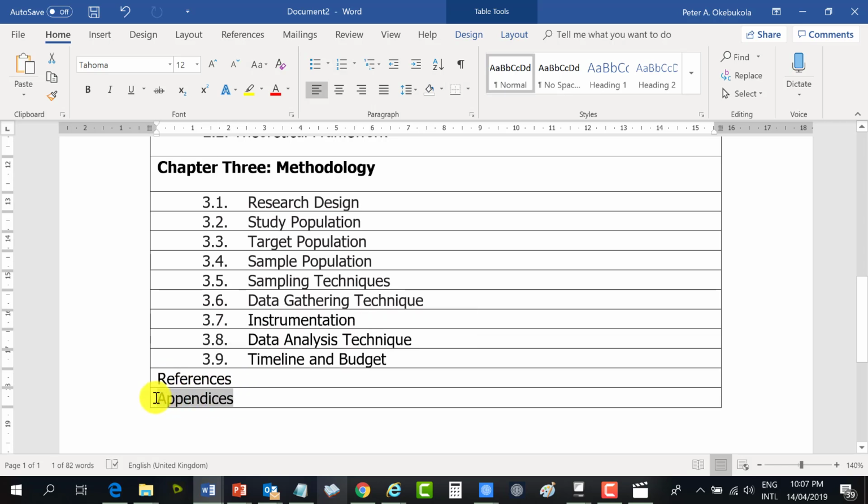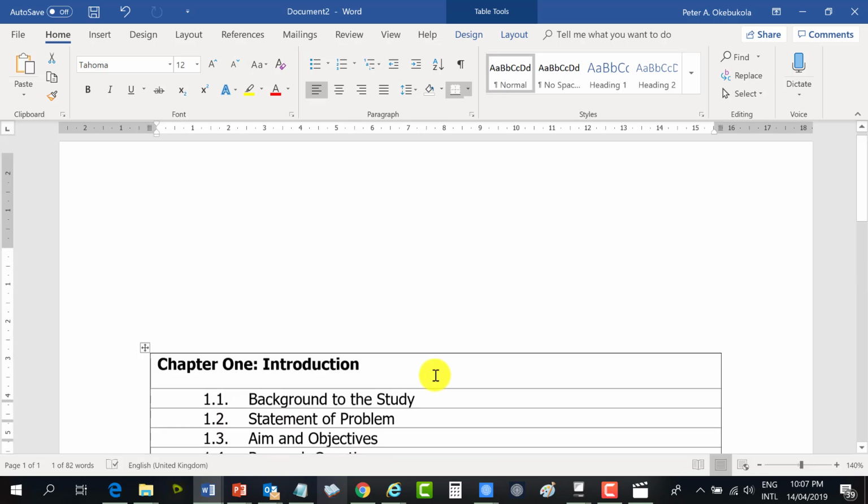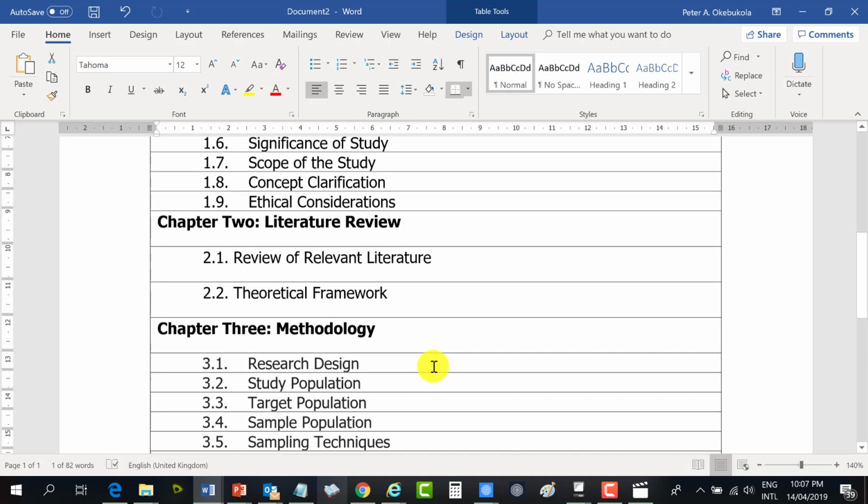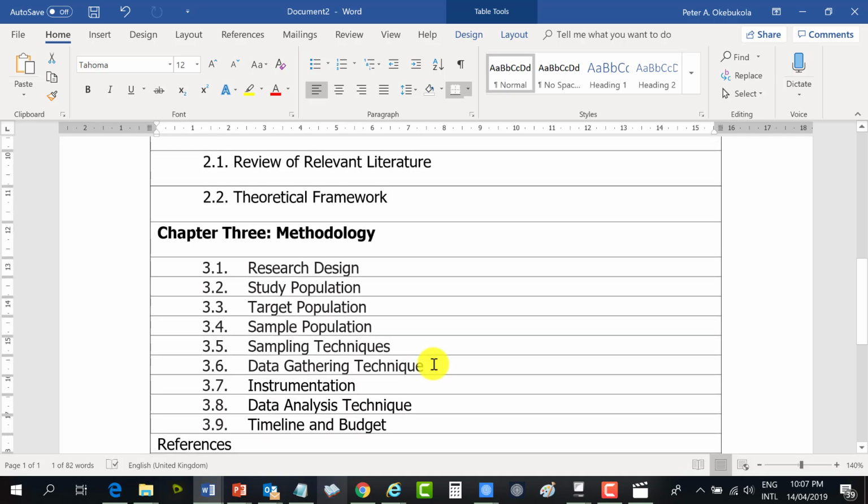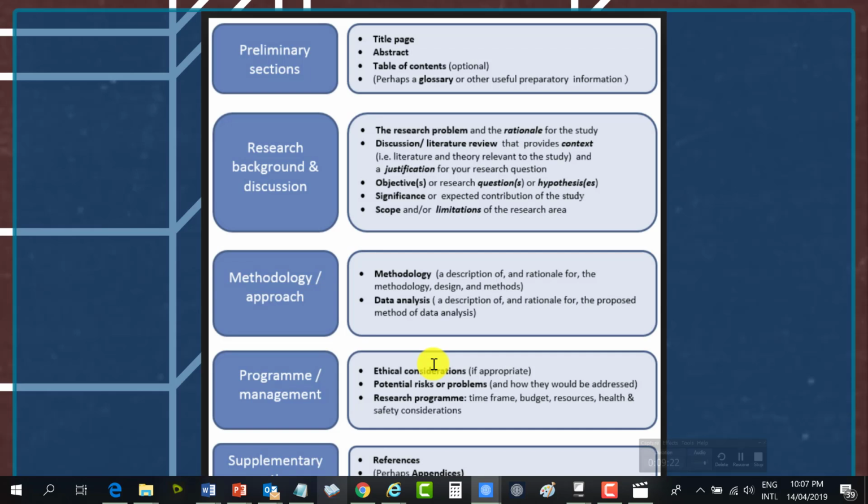As you notice, this is still a proposal. When you implement it, then you get the data that you can put in your chapter 4, chapter 5, and so on. So this, my dear students, is the general template for writing the research proposal for a doctoral thesis.